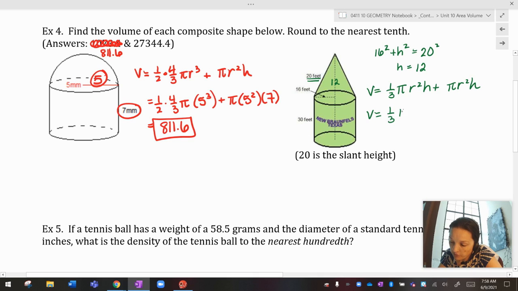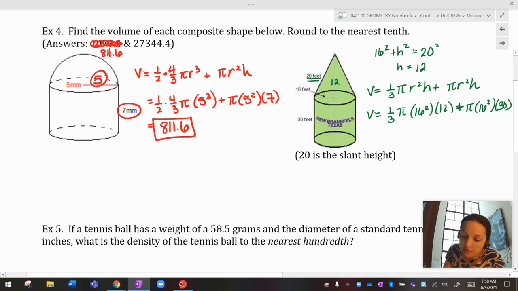That volume would be 1/3 pi 16 squared times 12 plus pi 16 squared times 30. That should be a plus, not an equals. If you type that into your calculator, you get the 27,000 number. My apologies if anybody didn't realize that 20 is the slant height. But if you did notice it was the slant height, you would do the Pythagorean theorem there.